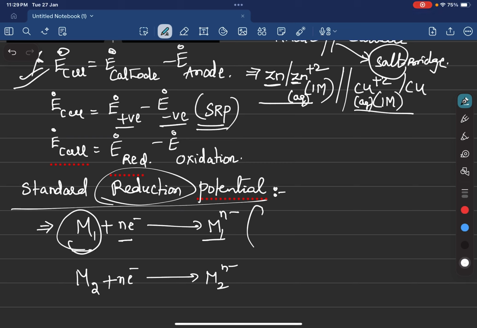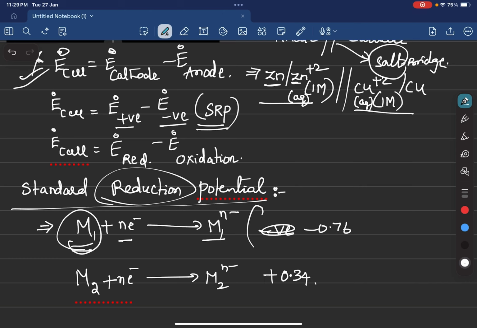If the first metal is more reactive, this SRP value is minus 0.76, and this value is not minus, it is plus 0.34. What I am telling is these values are all based on reduction tendency.